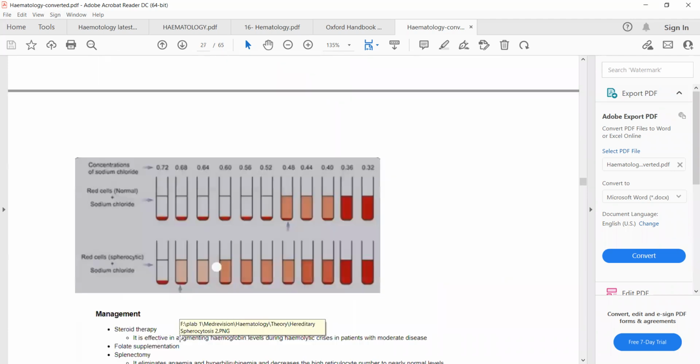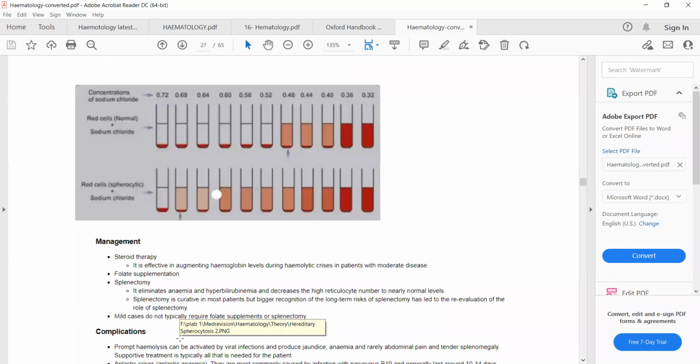The definitive investigation in hemolytic anemia due to hereditary spherocytosis or autoimmune hemolytic anemia is the Coombs test. Remember that the Coombs test is used to detect the presence of antibodies on the surface of RBCs. So a positive Coombs test means it is autoimmune hemolytic anemia, and a negative Coombs test means it is hereditary spherocytosis.